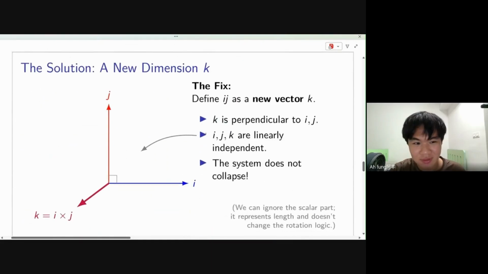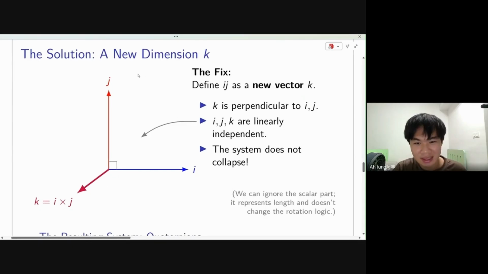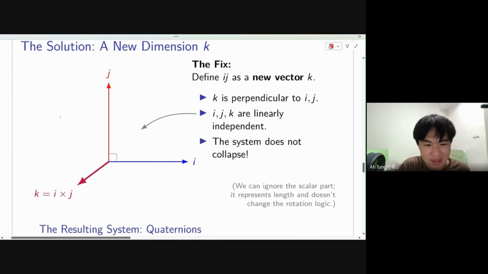So what if we add more dimensions to the system? Instead of the a, i, j system, we can make it into a, i, j, k. But let's not go too fast. We just see what if ij is equal to a vector k, and they are all linearly independent.